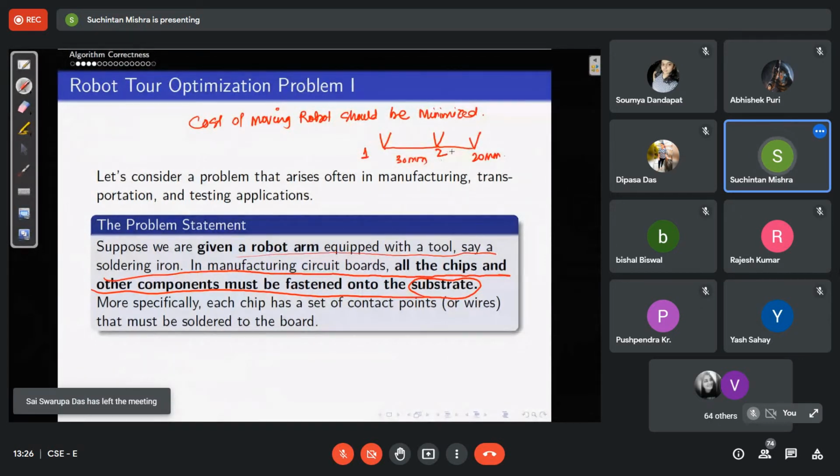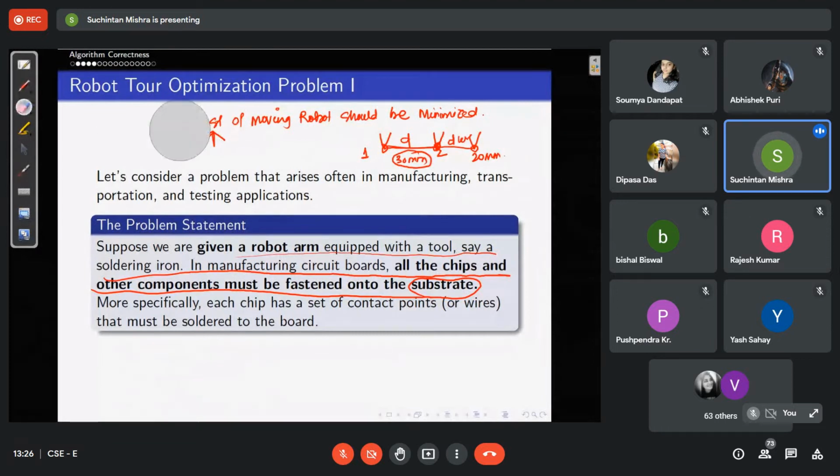So the cost of going from here to here will be more than the cost of going from here to here, because here the distance is more and here the distance is less. That is why we want to minimize the distance while the robot moves. The more distance the robot moves, the more cost we have to pay. That is why we want to solder all the points while the robot makes minimum movement. That is the objective of the problem.